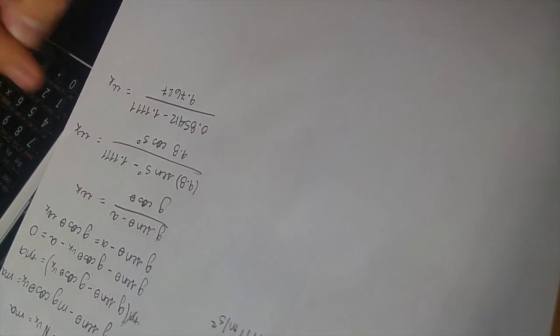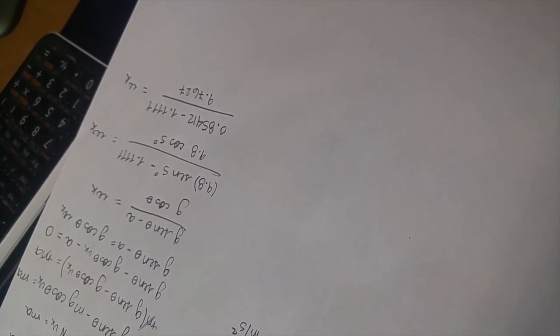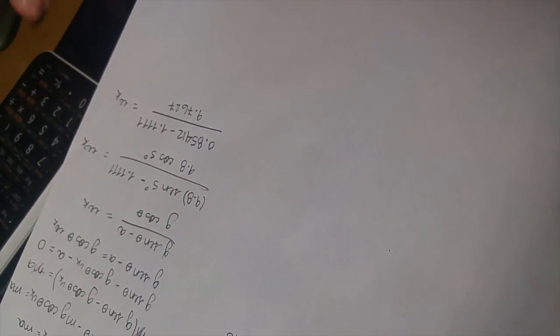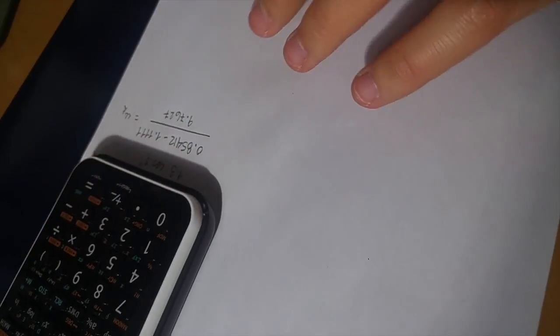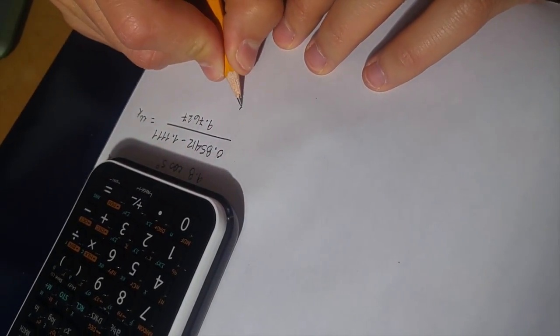If we do the following, we have 9.7627, and we get the uk.